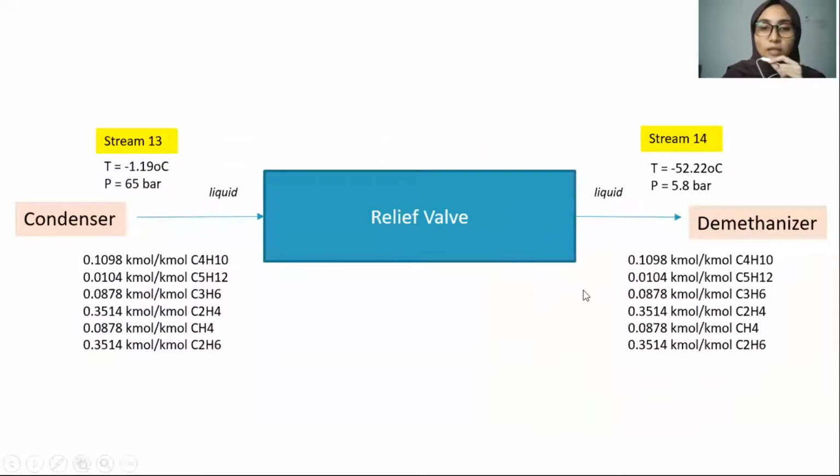So this is our relief valve to reduce the pressure from 65 to 5.8 bar, and the temperature also will decrease as it follows the gas law, which is when the pressure is decreased, the temperature also decreases. There is no reaction in this unit also, and the substance has the same amount in the inlet and the outlet. So we proceed with the next unit, which is the demethanizer.